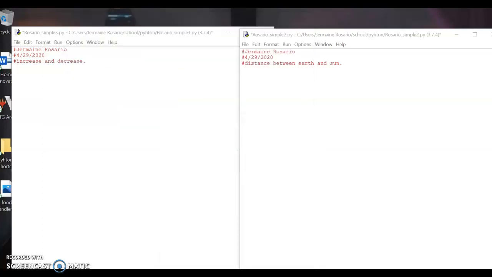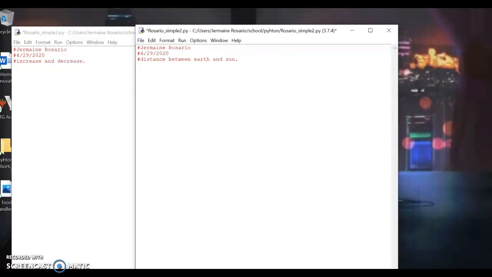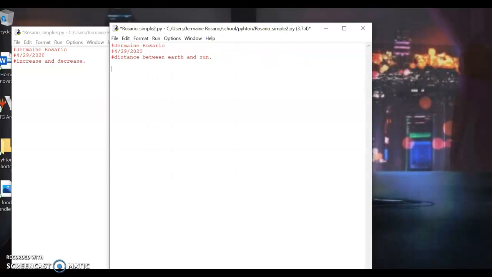And now for the second one, which is the distance between the Earth and the Sun. Which is, again, import the math library.